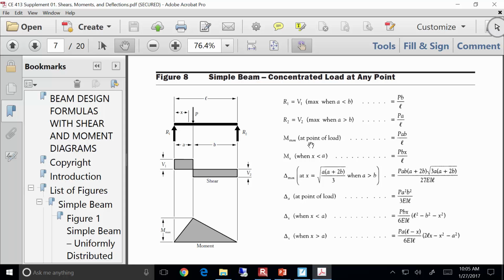The book says 1,762 psi and then 28,635 psi. So it's not crazy off. It's just a little off.